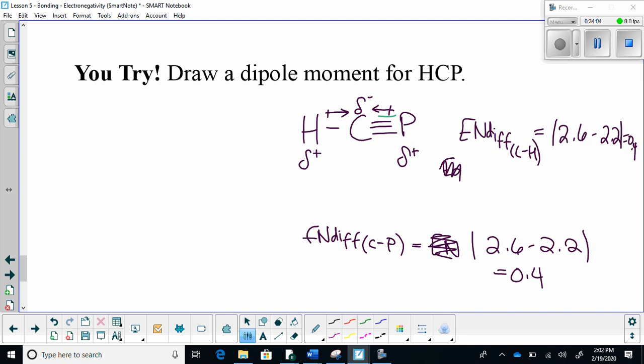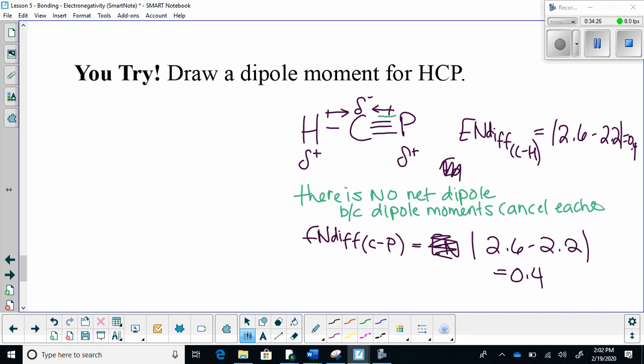So there is no net dipole because dipole moments cancel each other out. So then we cannot draw a net dipole for this. They are coming together and canceling each other out. Therefore, there is no net dipole.